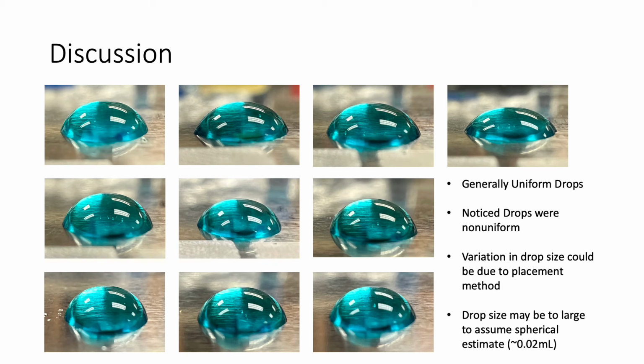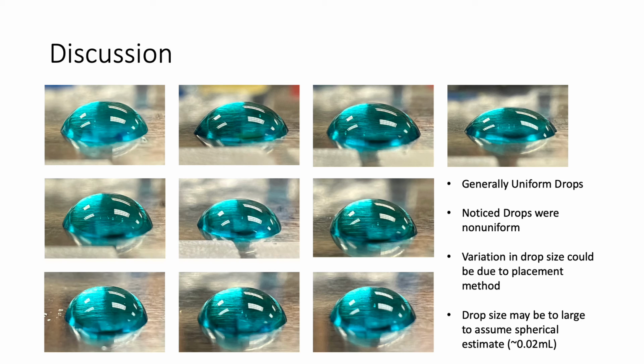In addition, I couldn't validate that the size of the droplets was exactly the same in each droplet, and that would cause a variation in the height and measured diameter, which would lead to further error, as well as it is possible that these droplets might be a little bit too large to be able to consider the spherical estimate as a method of determining contact angle.